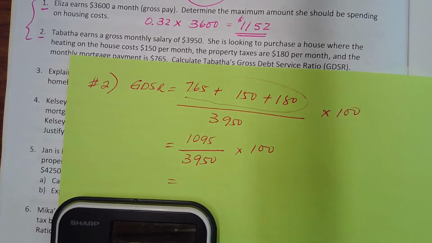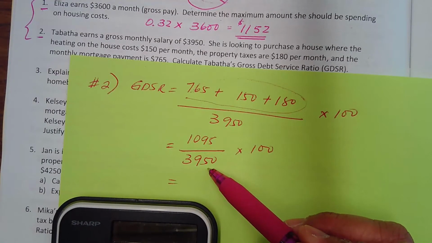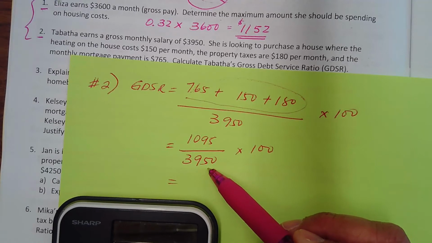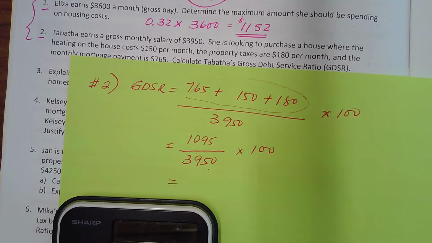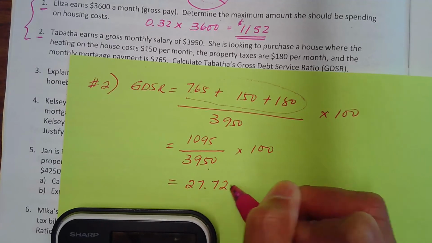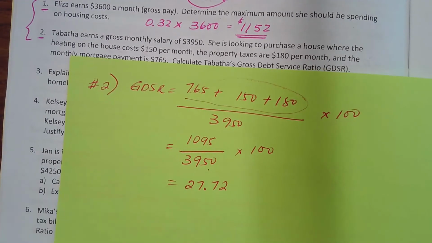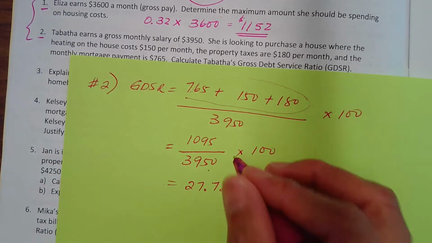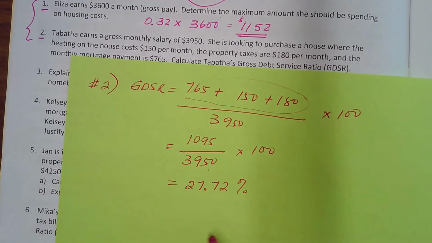We divide first by the gross income, and then times it by 100. We got 27.72. What do I put? Dollars? Percent. 27.72%.